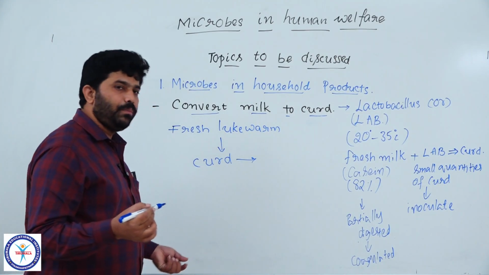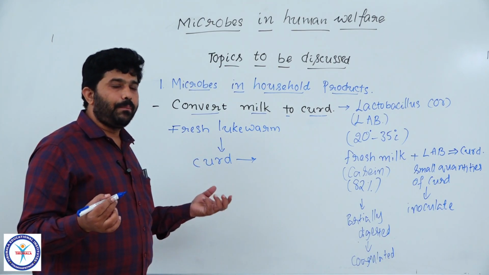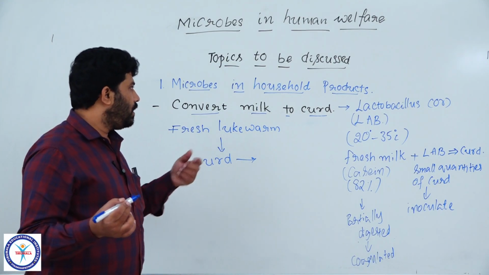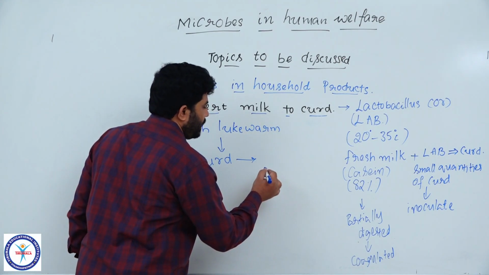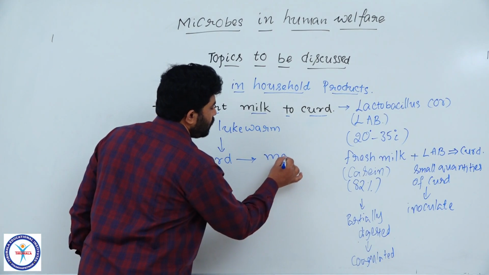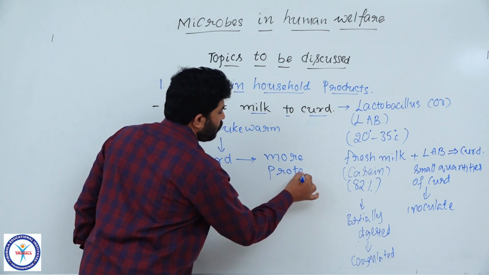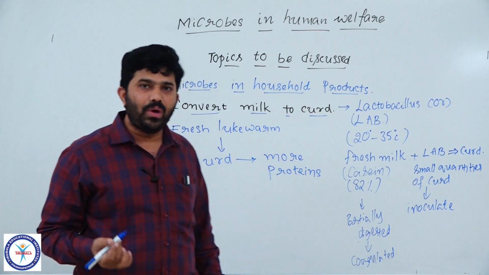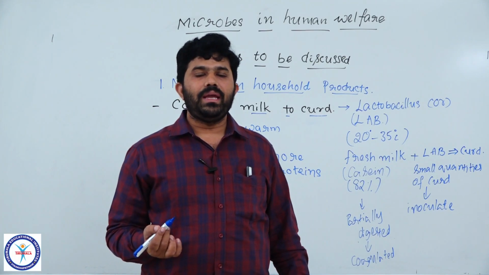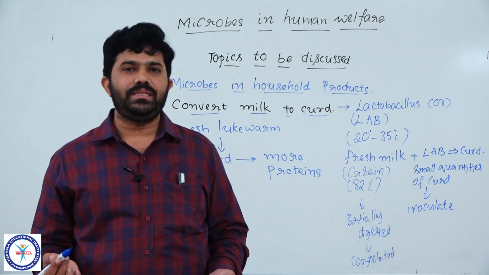Curd is very important. Every day we should take a sufficient, appropriate amount of curd in our foods. Curd contains especially more proteins, and proteins are made up of amino acids. Understood? Among the total amino acids, some are essential and some are non-essential.